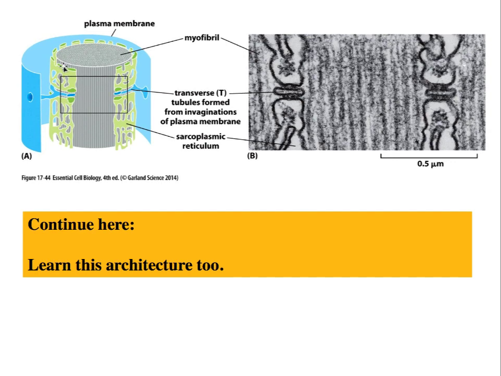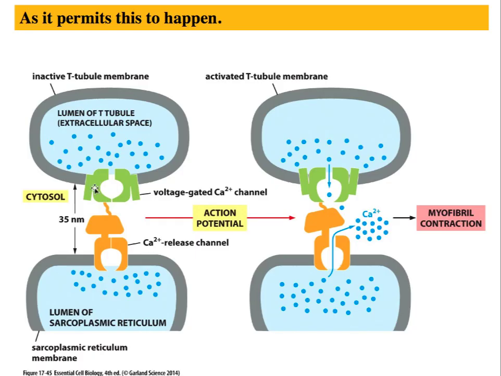Also, we have in green the sarcoplasmic reticulum, another posh name for endoplasmic reticulum. And the plasma membrane and the endoplasmic reticulum are not really touching directly, but there is a special union between the proteins of the two spaces.